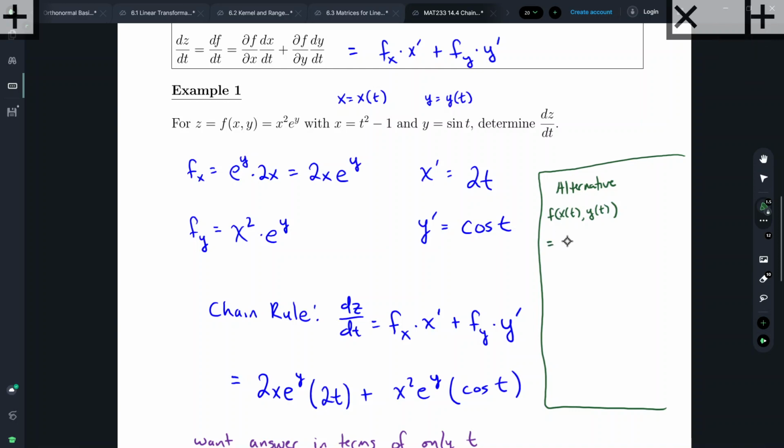So x was t squared minus 1, squared. That's this x squared, and then e to the y, so e to the sine t like this.